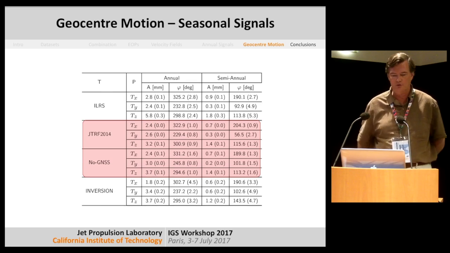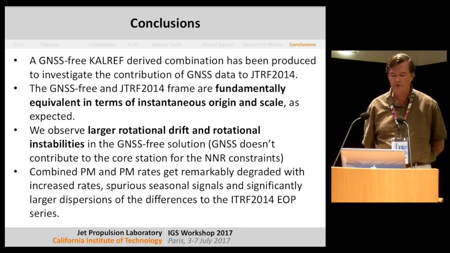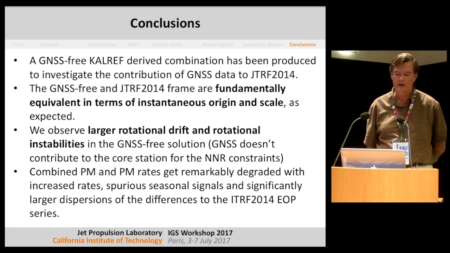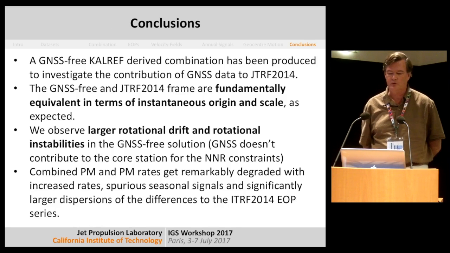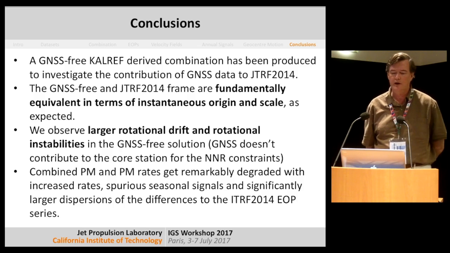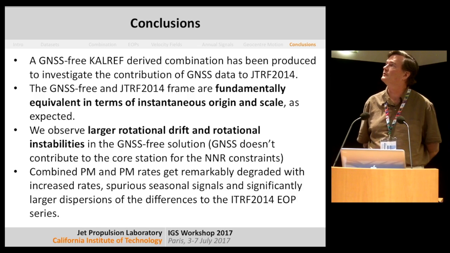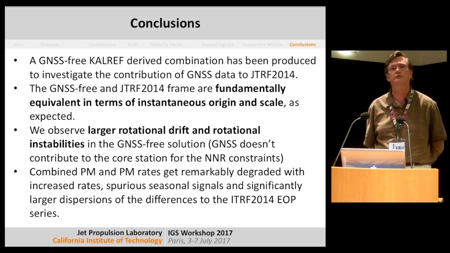So in conclusion, what we have done here is a first attempt at determining a solution based only on VLBI, SLR, and Doris data. The goal of this solution was to study the impact of GNSS data on JTRF 2014.